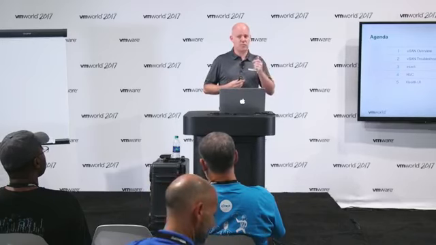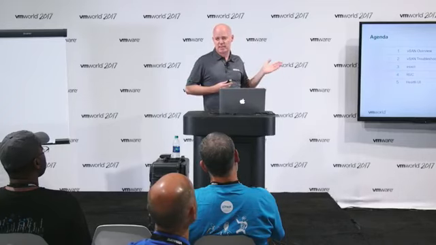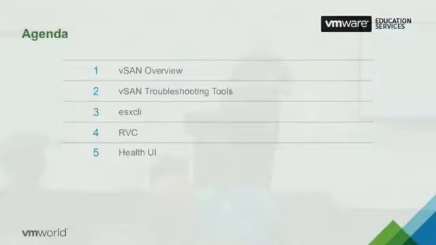Okay? So when you want to go troubleshooting, we've got some really, really good new and improved troubleshooting tools. Okay? To name but a few, we've got ESXCLI, RVC, which is the Ruby vSphere Console, and then we've got the Health UI. There are lots of other ones, but these are the ones we will cover today.